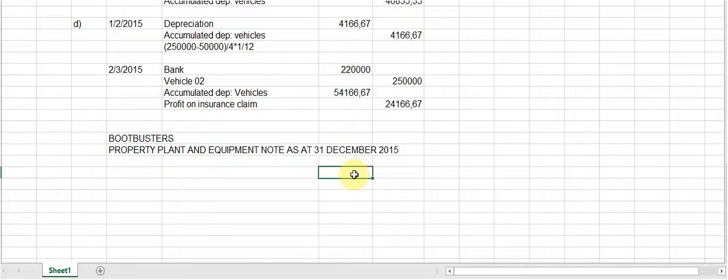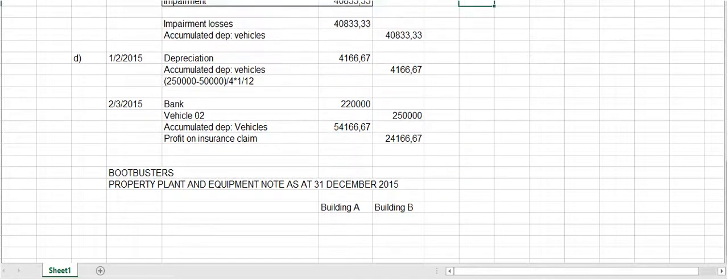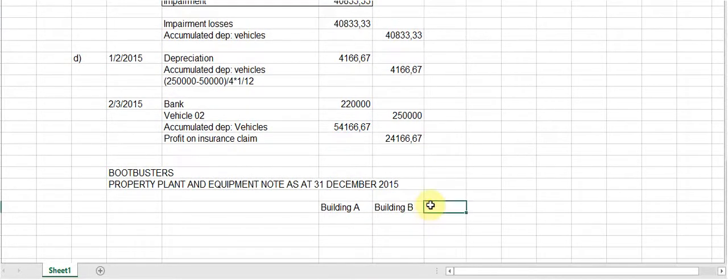So the first asset that I know is PPE, is building A. Then an asset that became PPE is building B. We also have a number of machines.